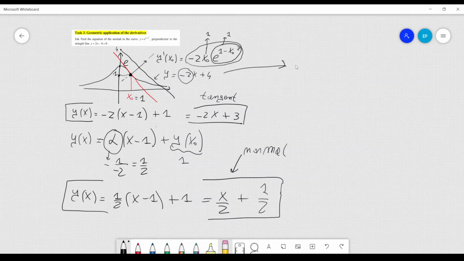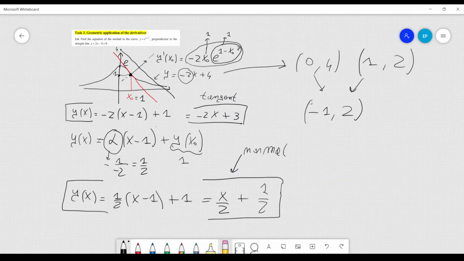For example, the 2 points are (0, 4) and (1, 2), which is quite easy to see belong to this line. From these 2 points, if we make a subtraction, we get 0 minus 1, which is minus 1, and 4 minus 2, which is 2. So this is the direction of this black line.